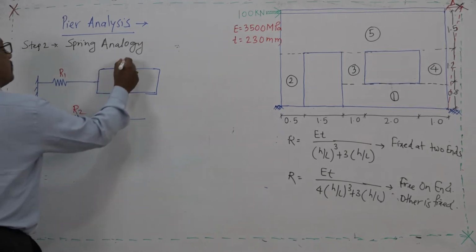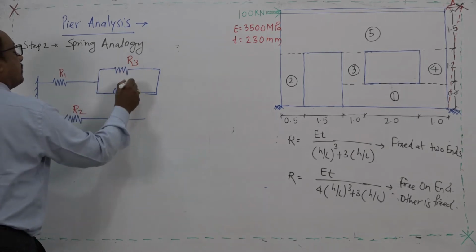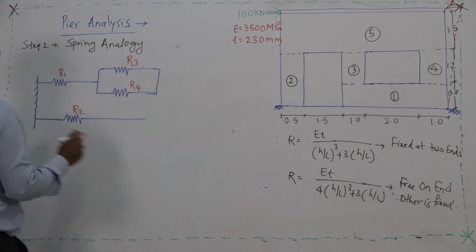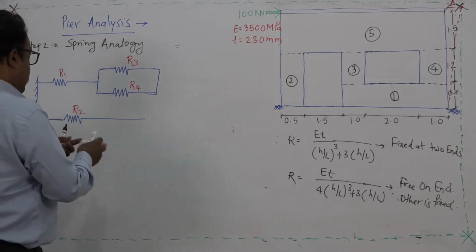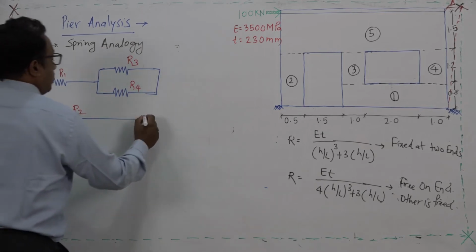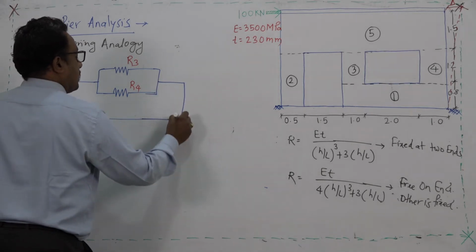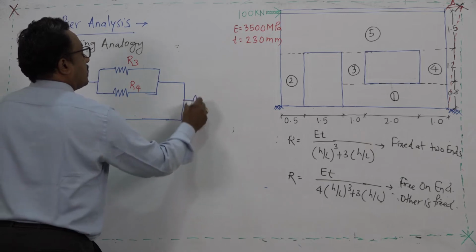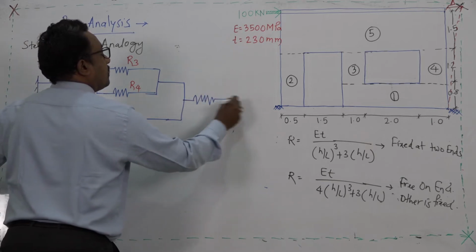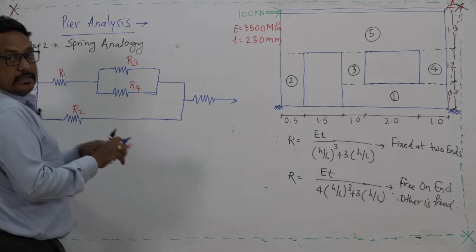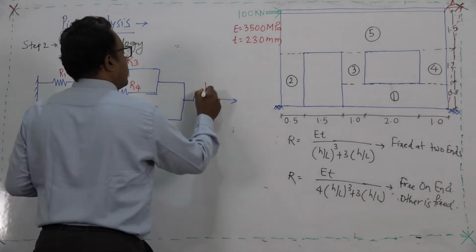So, this will be now R 3, R 4, and again both these have come together and they are having the common pier at top, which has the stiffness of R 5.